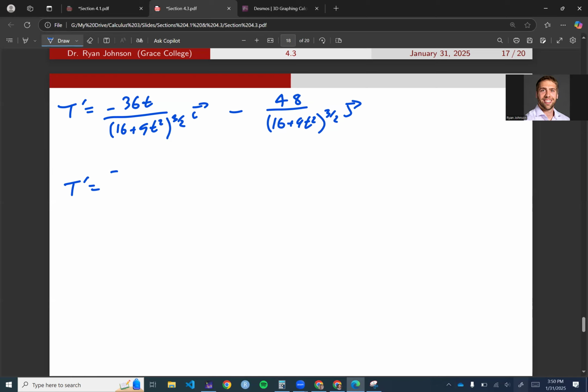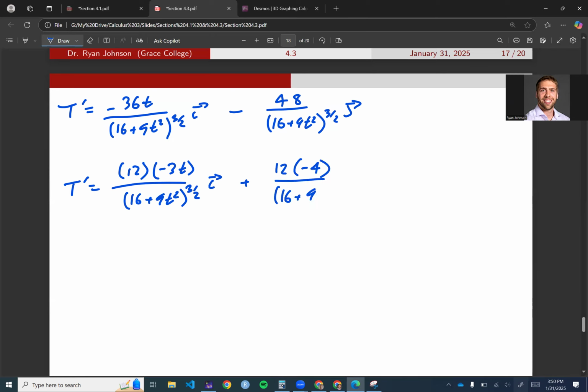So it's 12 times negative 3t over 16 plus 9t squared to the 3 halves i, and then plus 12 times negative 4 over 16 plus 9t squared to the 3 halves j. And so when I find the magnitude of T prime, you can take that factor of 12 and put it out here and square root everything else.